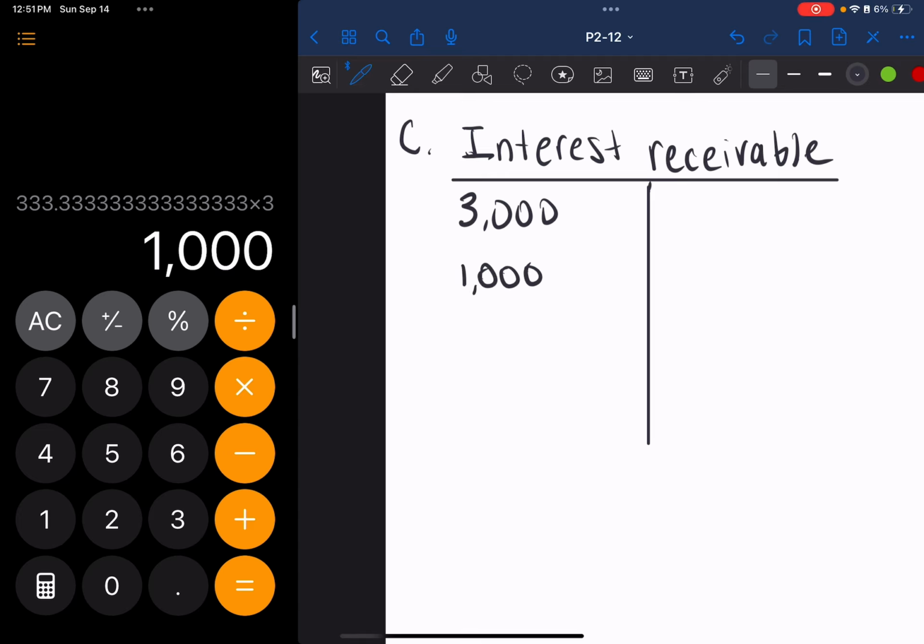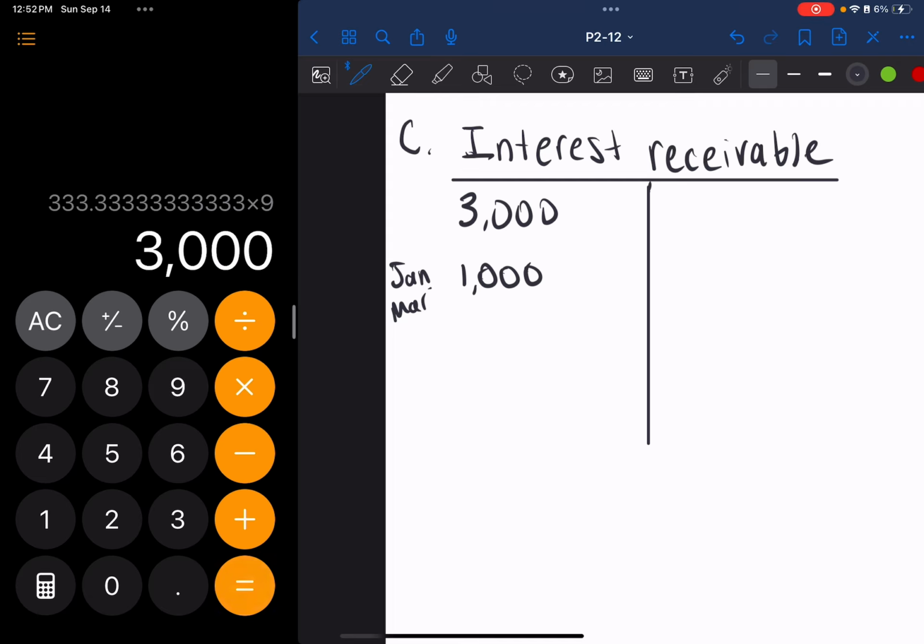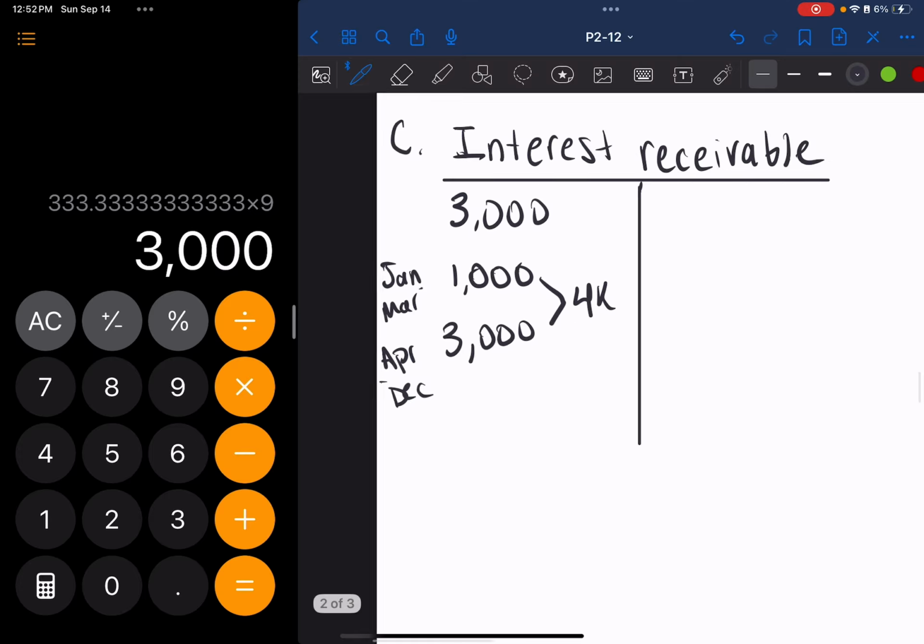So $1,000 of interest revenue, which represents January through March. And then we also do the 333 number we got times 9 to get the rest of it, from April through December. So basically that's the $4,000 of revenue just broken down. So I'll just write it like that.